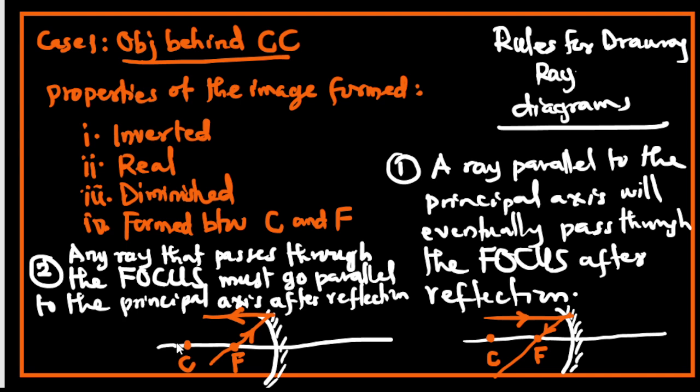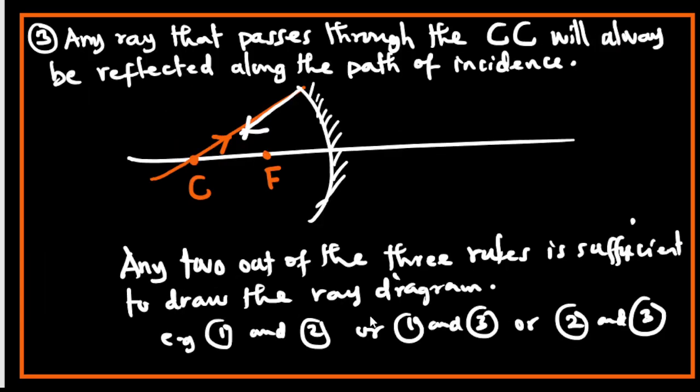And the principal axis is always this imaginary line here that passes through the center of the mirror. And number 3, when a ray goes through the center of curvature, the reflection is always along the same path of incidence.